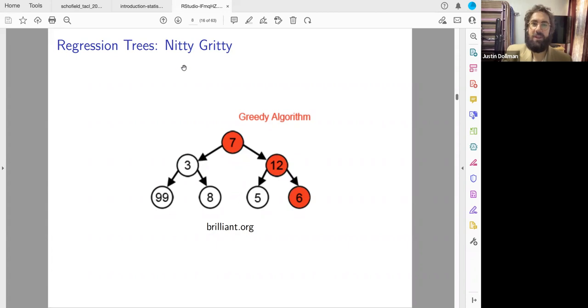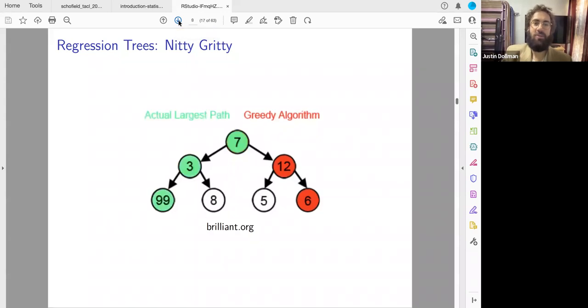Now, you'll notice that if it had foresight, if this greedy algorithm were not myopic, what it would do is forego the 12, take a hit of 9, go to 3, and then go to 99. But it didn't have access to that information. So this is a nice example of a greedy algorithm not choosing the best path in a different application.